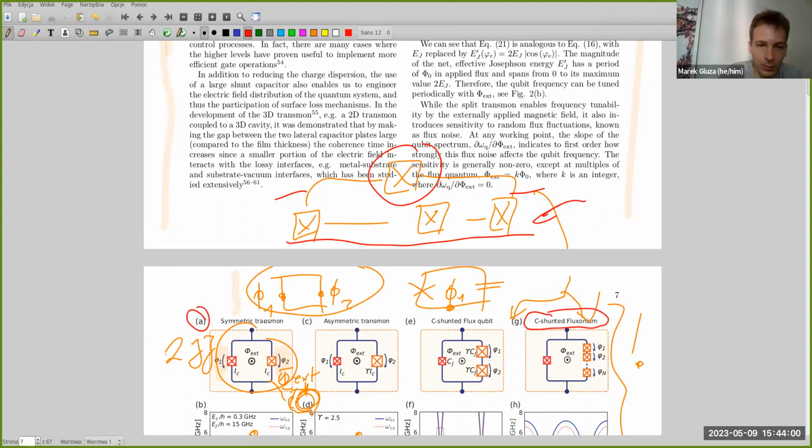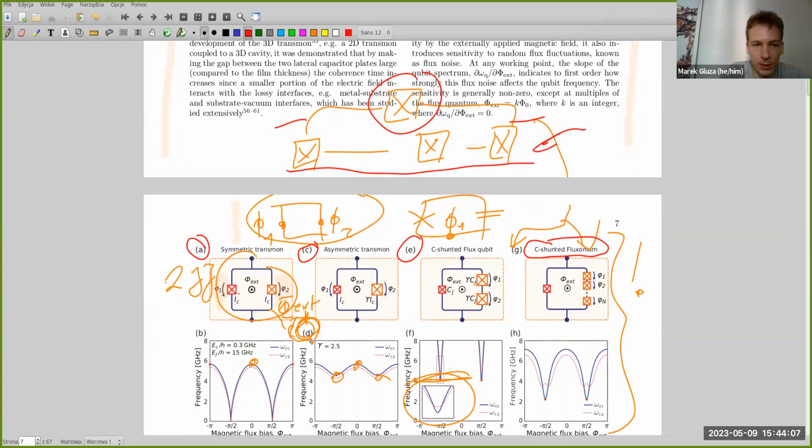There are four different qubit designs that you see in the picture. A symmetric transmon is basically a transmon which normally, the most basic transmon would have a capacitor and a Josephson junction, but because every Josephson junction has also some charging capacitance, so CJ, then instead of taking this, you can do this, and that will be a symmetric transmon if the Josephson junctions are the same.